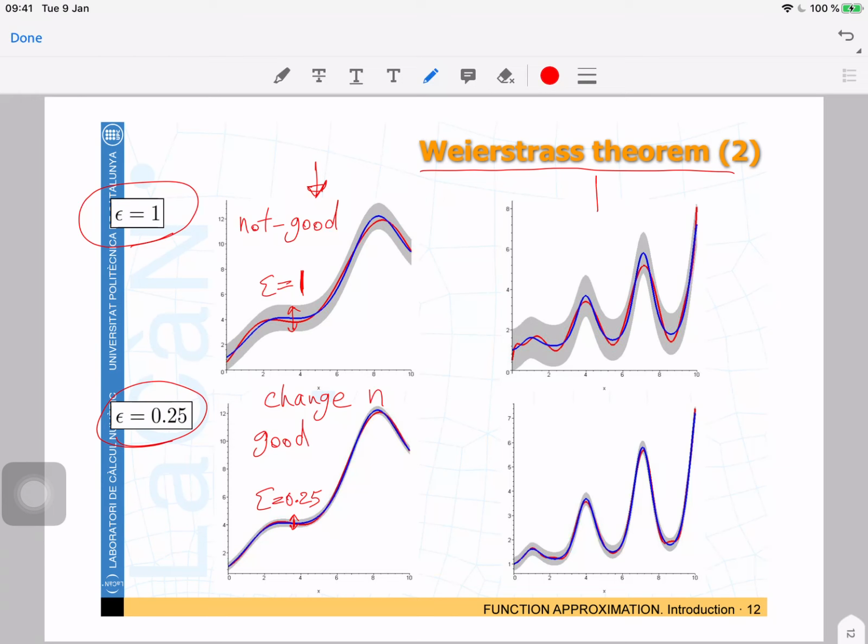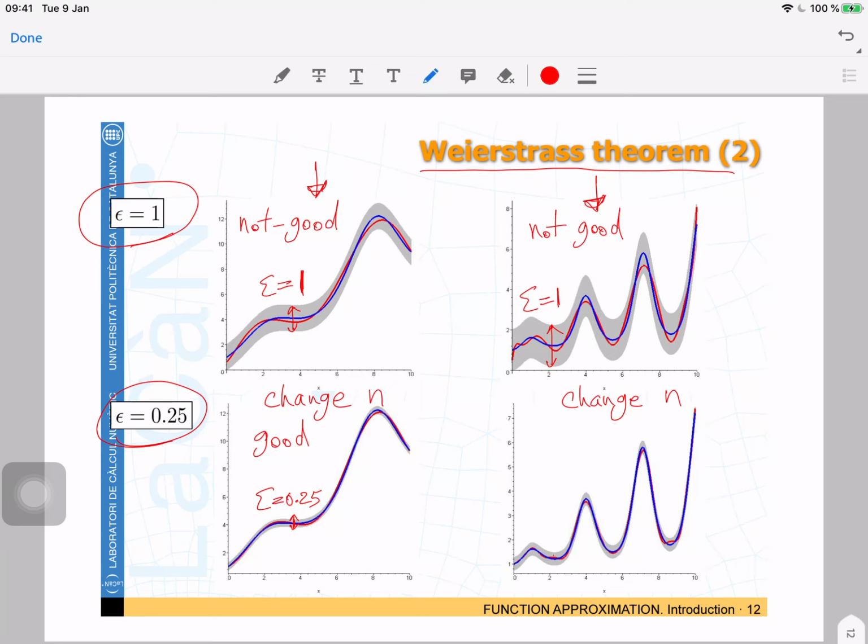This is another example on the right. Again, the approximation is not good, and the distance between the approximation and function is always less than 1. This is not good. But again, by changing the polynomial degree, we can obtain a much better approximation.